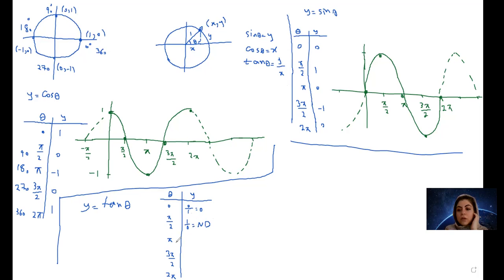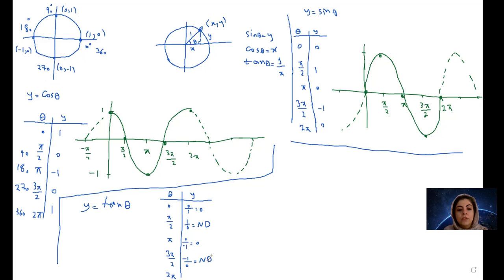How about pi? What is the tan of pi or 180 degree? 0 over -1, which is equal to 0, right? For 3 pi over 2, or 270. -1 over 0, because the 0 is in the denominator, is not defined, or it is your asymptote.